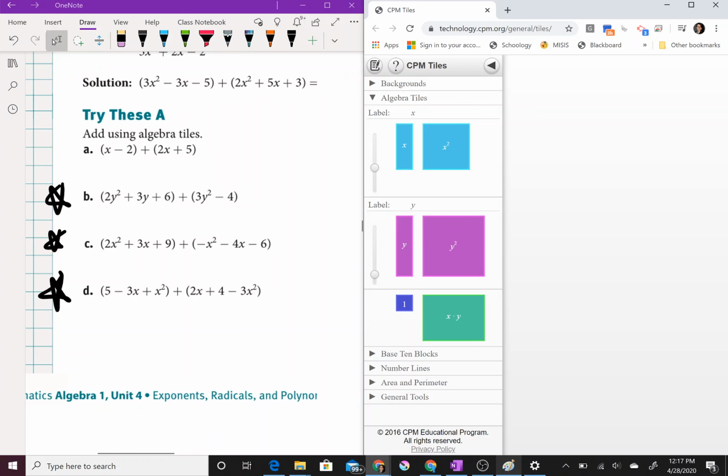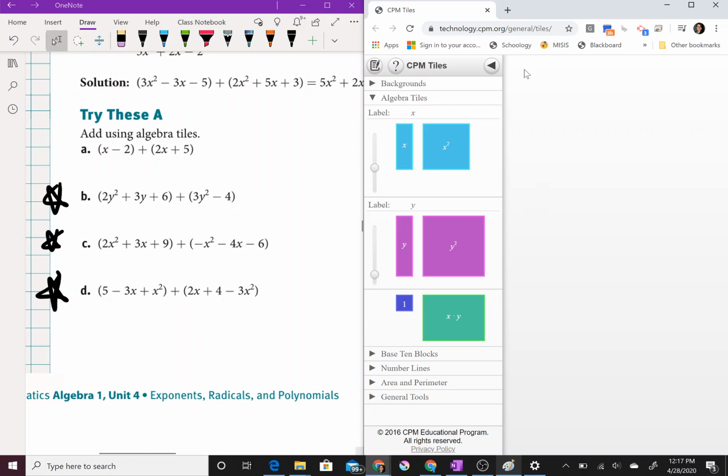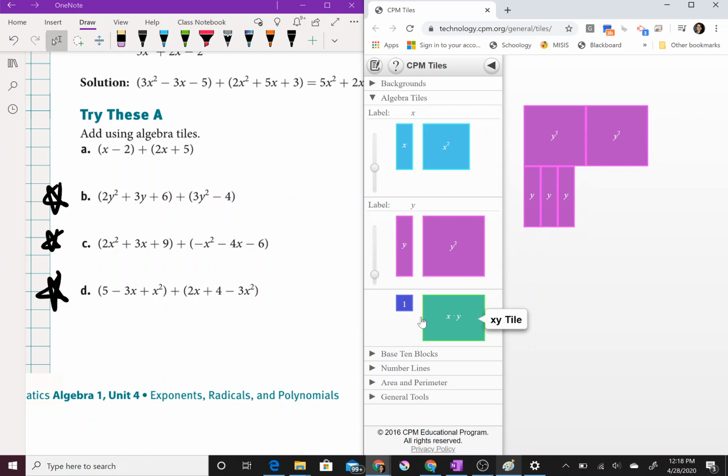I can represent it like this, and feel free to go to this website too so you can practice with these tiles. So I have y squared. 2y squared means I have two of these y squared tiles. 3y in here too, and I also have plus 6, so I have 6 unit tiles here.